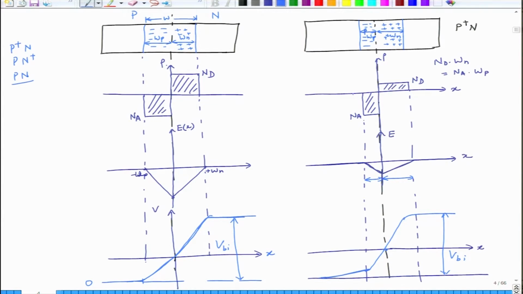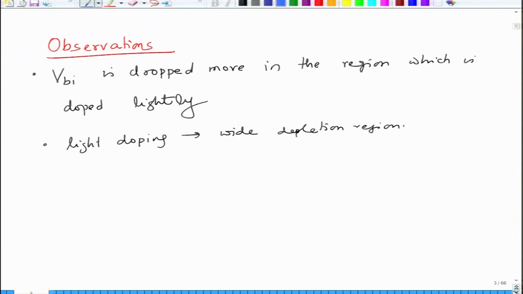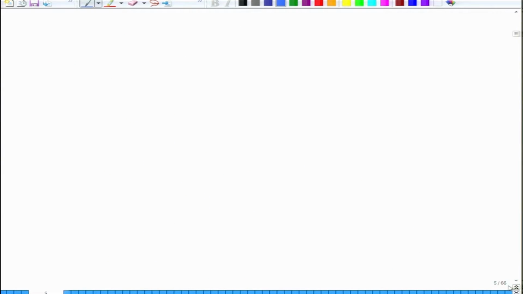So you come from 0 to large charge density, which means you have a larger gradient in the electric field as compared to the region where you have a smaller charge density over a long distance, and correspondingly you have variation in the potential. So this is how the variation of potential and electric field is going to happen.